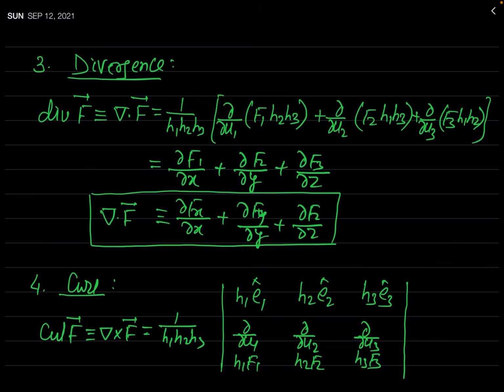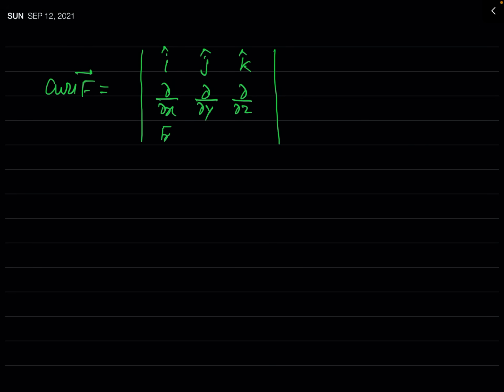Making these substitutions, curl of f in Cartesian coordinate system will be simply equal to the determinant of i, j, k; del del x, del del y, del del z; and fx, fy, fz instead of f1, f2, f3.